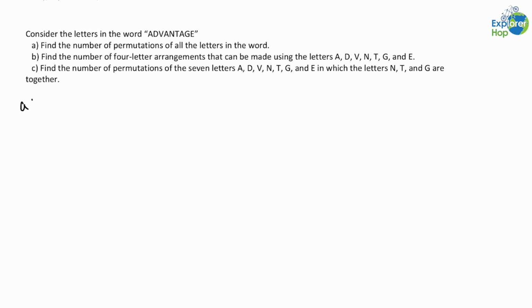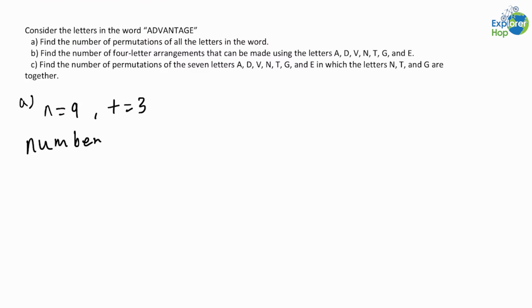Let's first start with part A. We can see from the word that there are 9 letters in total. So we'll let N be equal to 9. And we can see that the letter A appears 3 times in the word. So we'll let T be equal to 3. Now, we can use this formula to determine the number of permutations of all the letters in the word.